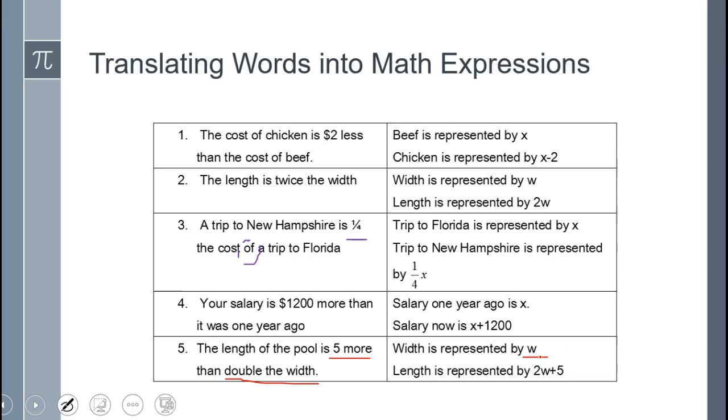So let the width be W. Then how do you figure out an expression for the length? It's 5 more than double. So first you double the width, that's 2W, and then you add 5. Those are some examples similar to what you may run into as you do word problems.